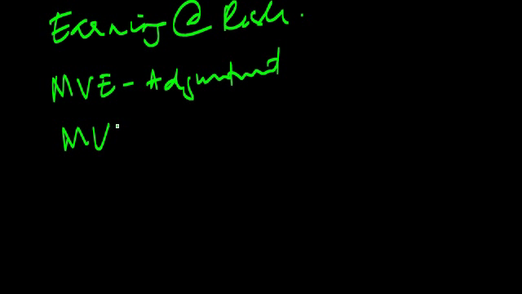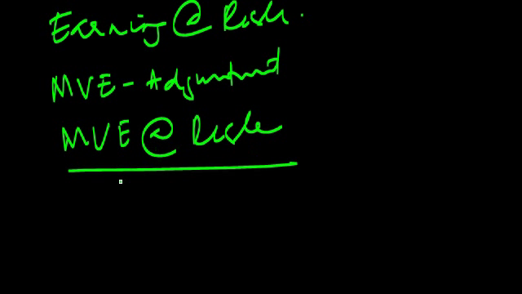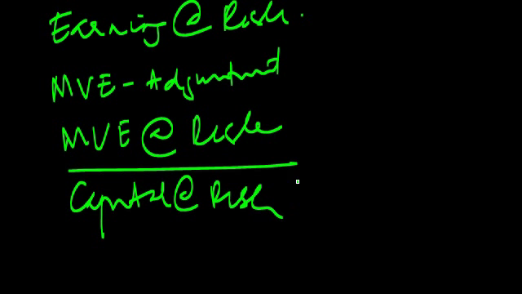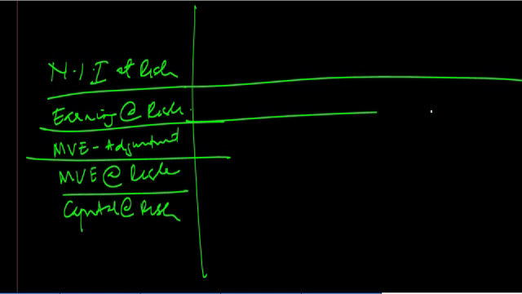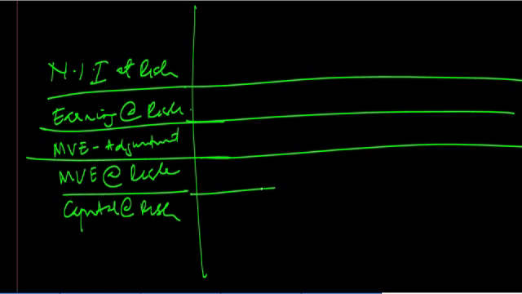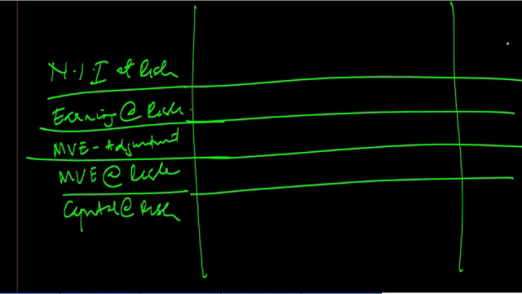And we have MVE at risk. The MVE at risk is sometimes also known as the capital at risk report. And the primary difference between these reports is that, let's just draw a simple table that will help us understand how this gets calculated.